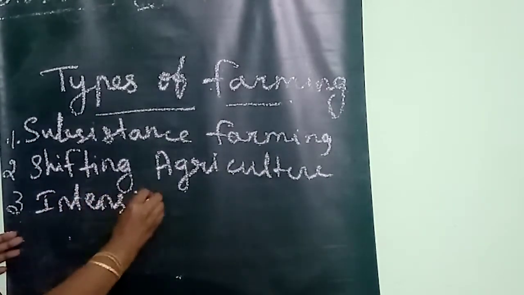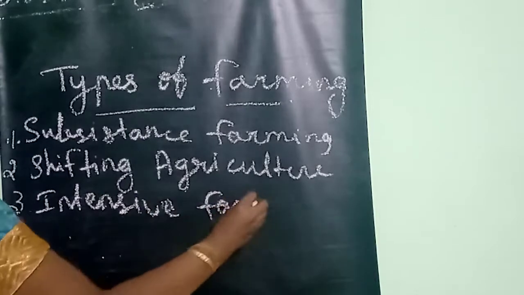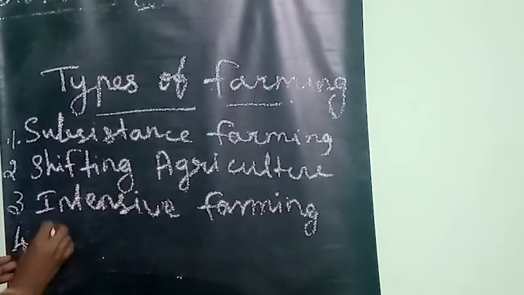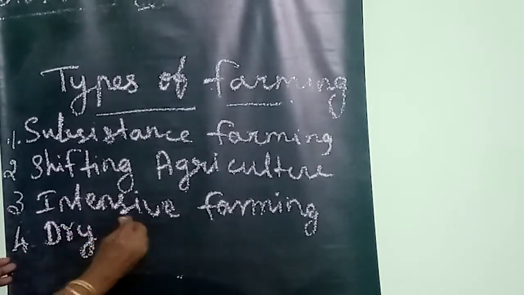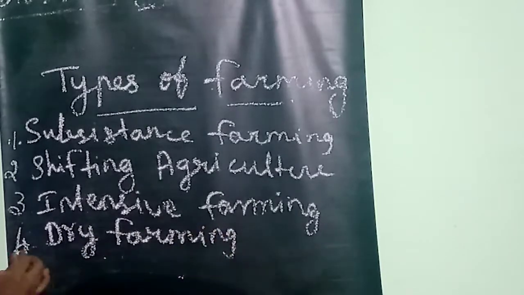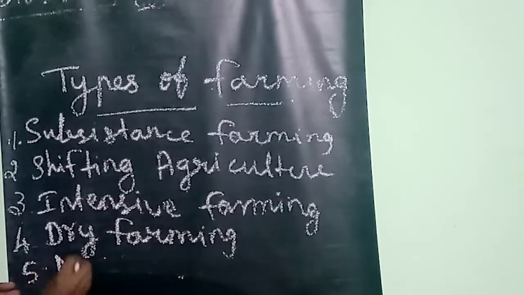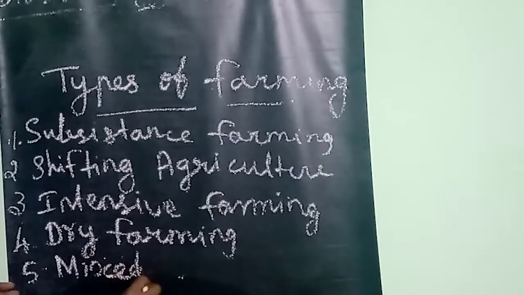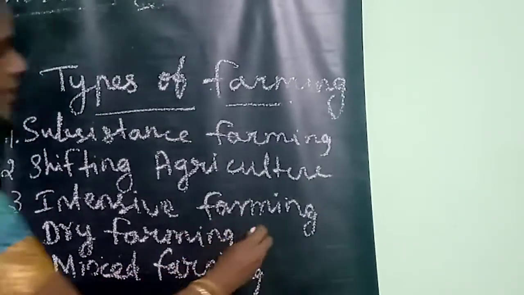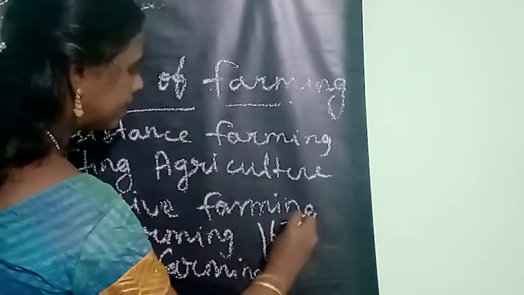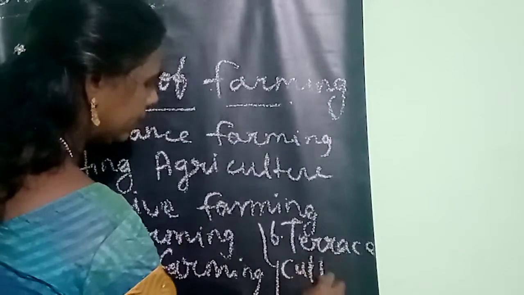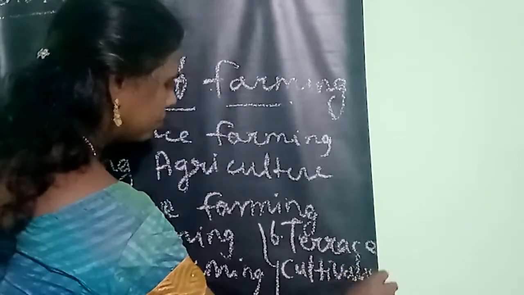The fourth one is dry farming. The fifth one is mixed farming. And the last one, the sixth one, is terrace cultivation.